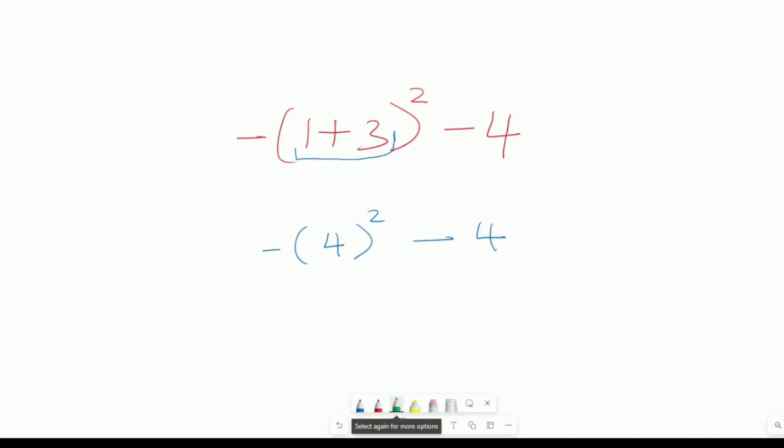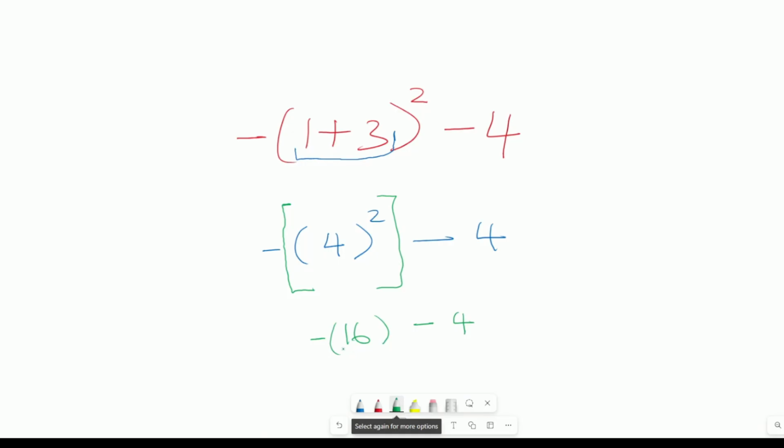Now, I can do 2 things. I can ignore this negative and take this as 4 and square it and get 16. And then later bring the negative and then continue with that.